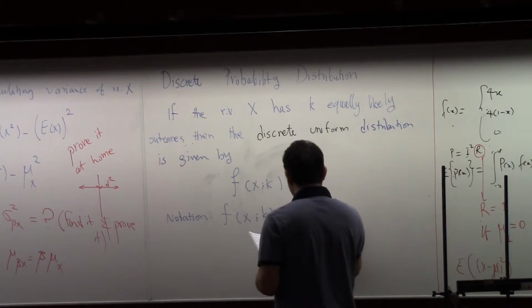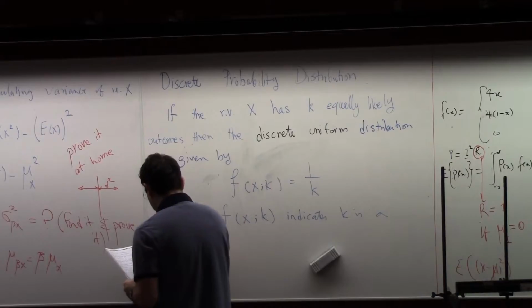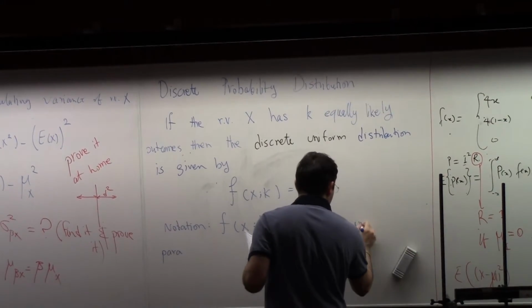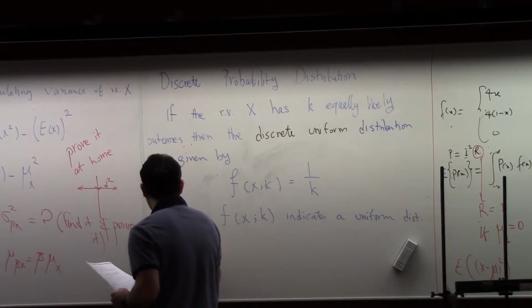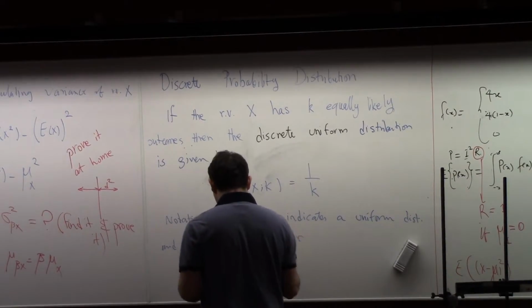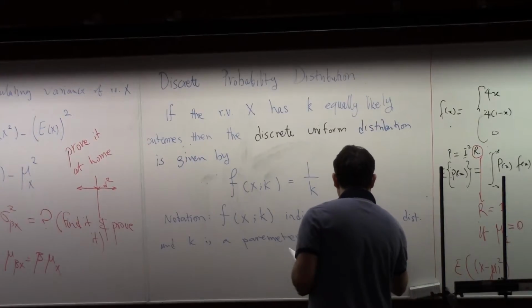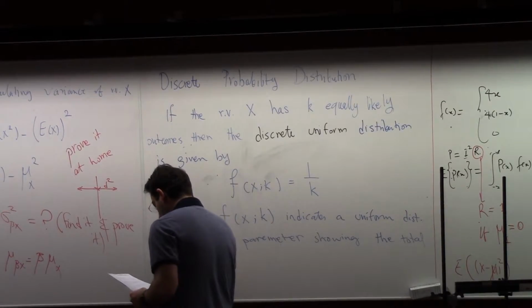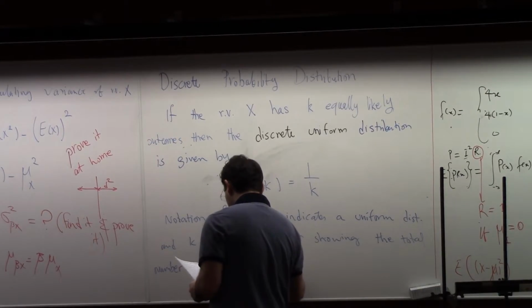The notation indicates a uniform distribution, and k is a parameter showing the total number of possible outcomes.